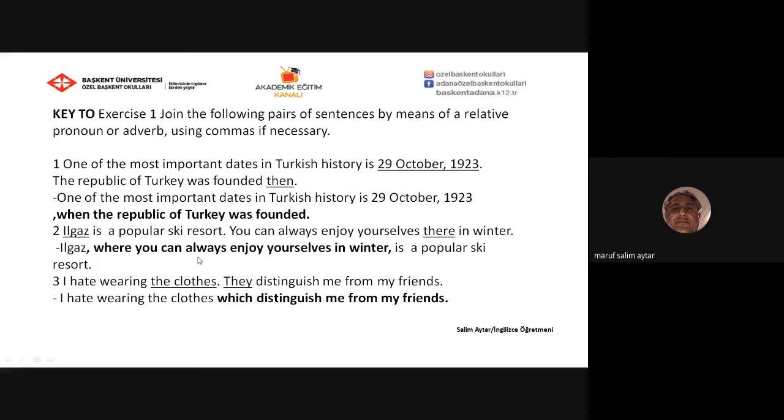It gives us extra information. I hate wearing the clothes. Which clothes do I hate wearing? Which that distinguish me from my friends? No comma necessary because this defines this noun.